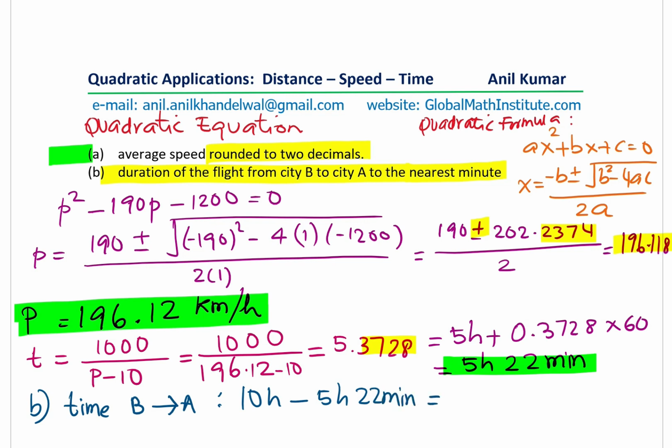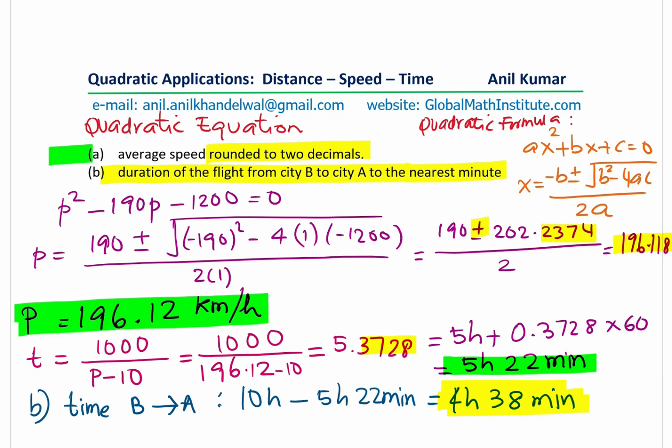Clear? So when you take them away from this, you are left with 4 hours and 60 minus 22, 38 minutes. So that is going to be your answer for time for the return journey. Is that clear to you?